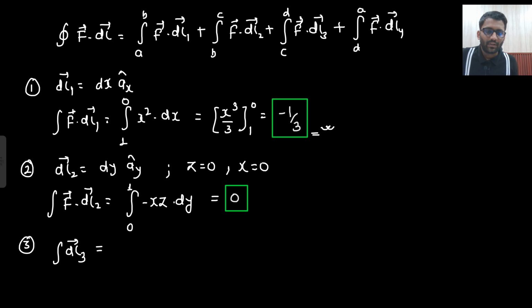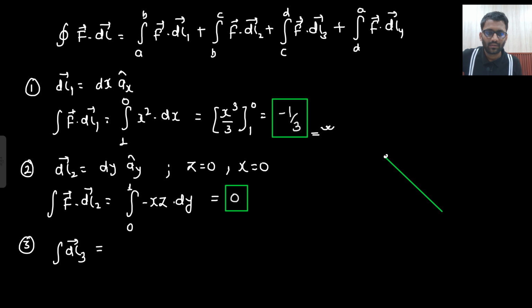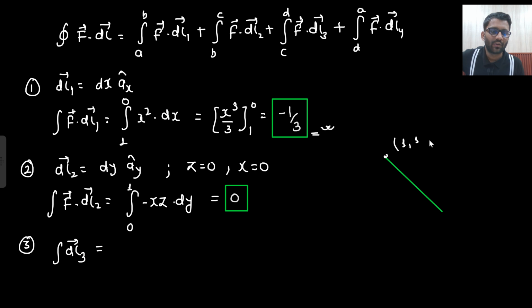Forget about it. If this line is given to you, one point is 1, 1, 1, and the other point is 0, 1, 0. Can you write down the equation of this line? Yes. X minus x1 divided by x2 minus x1, 1 minus 0 would be 1.